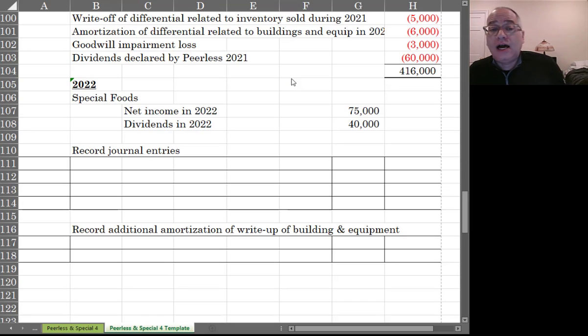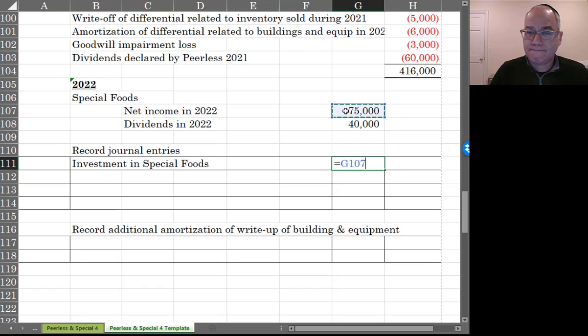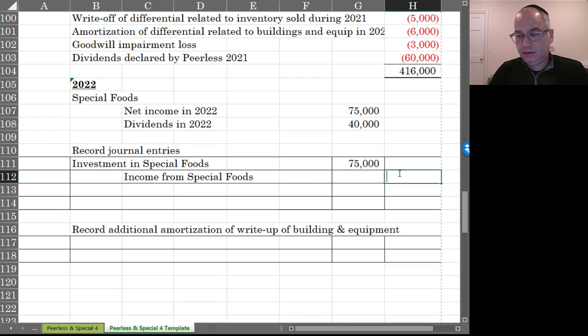So now time changes and another year goes by, and Special Foods earns net income of $75,000 and pays its parent, Peerless Products, dividends of $40,000. So the journal entries to do this would be, again under the equity method, debit investment in Special Foods, credit income from Special Foods, then I have the dividend of $40,000.